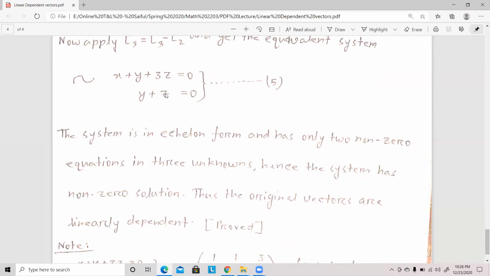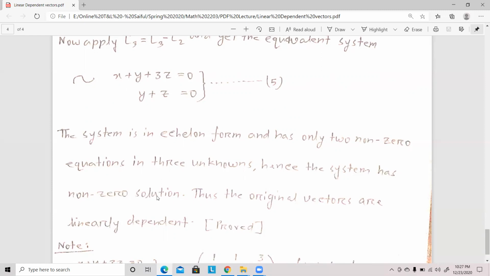That means if we take z equal to 1, then we get y equal to -1. And if we put the values of y and z in the first line, then we get the value of x. So to find the solution from this system, we have to let a free variable. That means this is not a zero solution, hence the system has a non-zero solution.